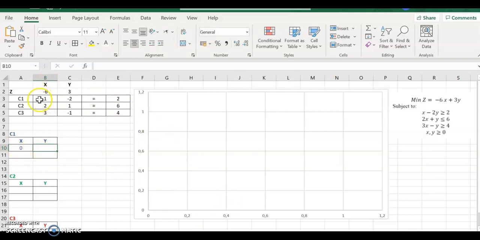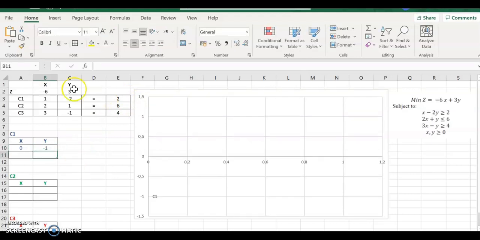So if x is 0, y is going to be minus 1. It's simply going to be 2 divided by minus 2, so minus 1. We can do the same for the second point.